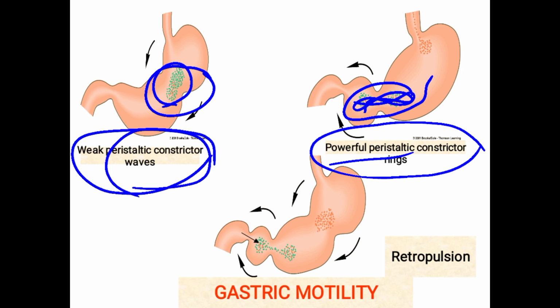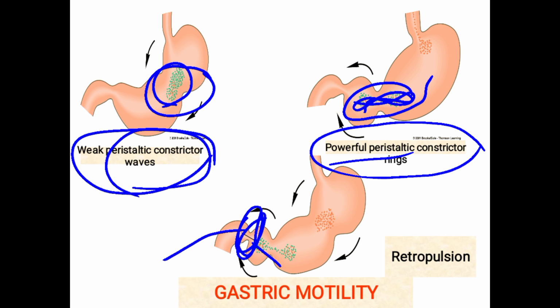After that comes the propulsion of food. Now the food is passed through the pyloric sphincter. Here there is one pyloric sphincter present, which is an opening between the stomach and the intestine, the duodenum. It is always closed, and it will open whenever food enters; it is very narrow.